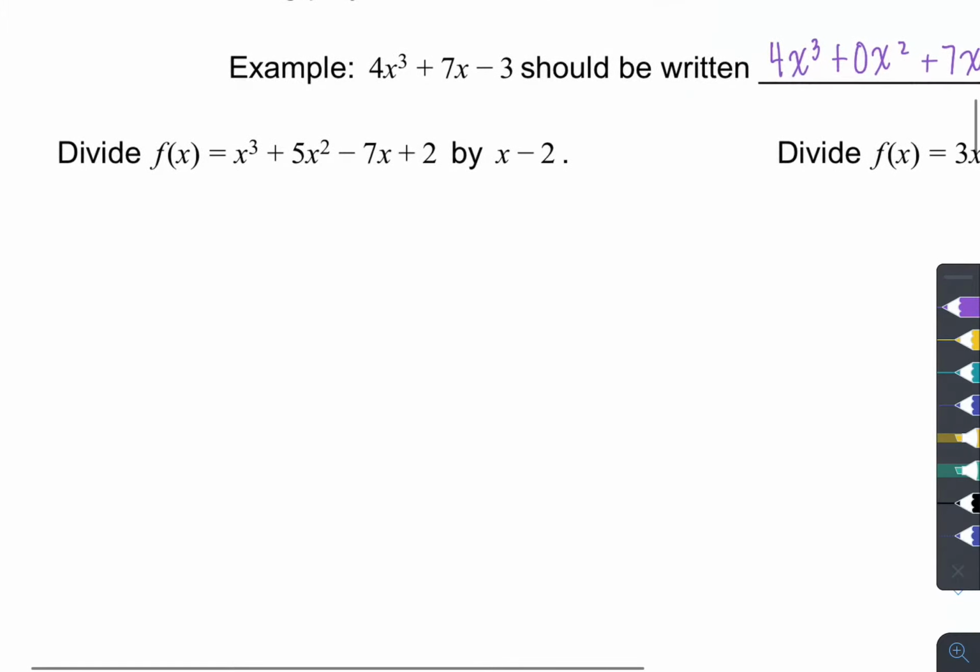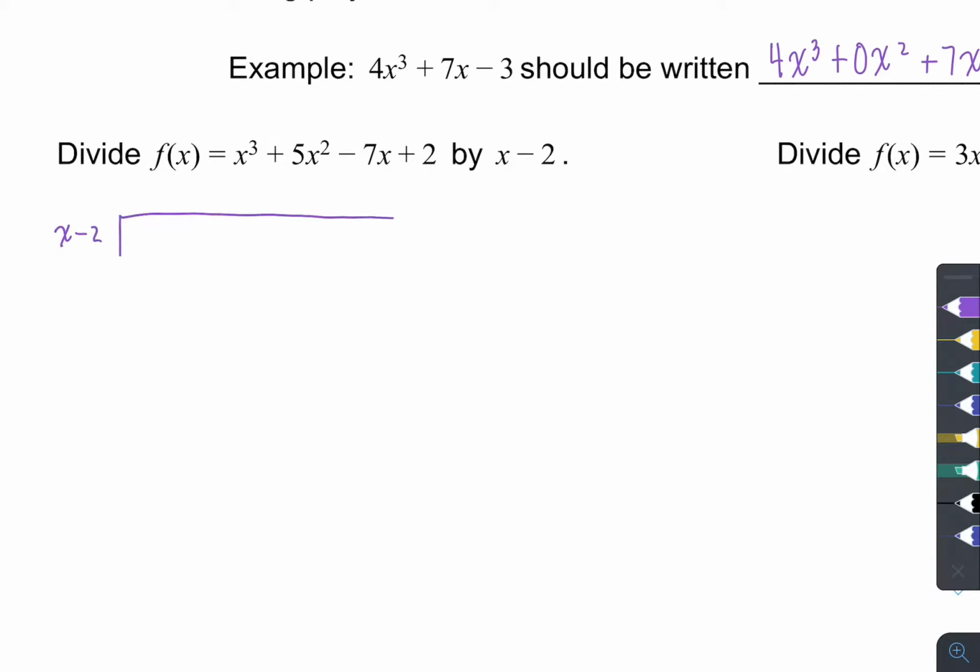Okay, so let's go ahead and jump into our first example here. So we're doing long division. So I have x minus 2 is my divisor. And x to the third plus 5x squared minus 7x plus 2 is the thing that we are dividing.